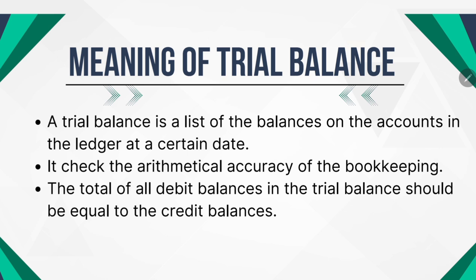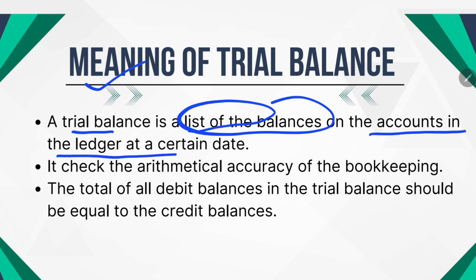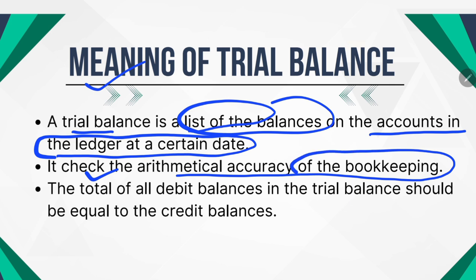To find out these mistakes, we prepare a trial balance. Okay. So the meaning of trial balance is a list of the balances on the ledger accounts at a certain date. It checks the arithmetical accuracy of bookkeeping.